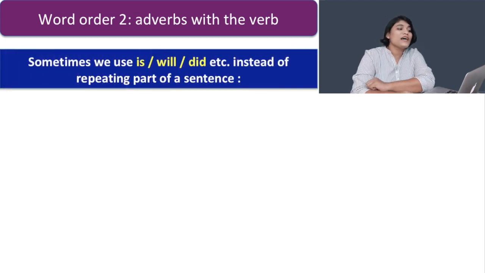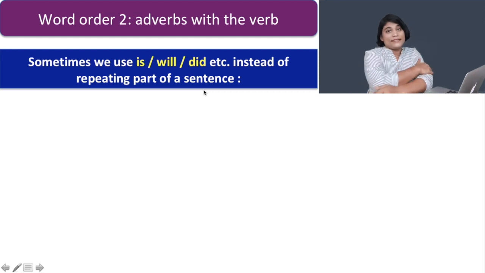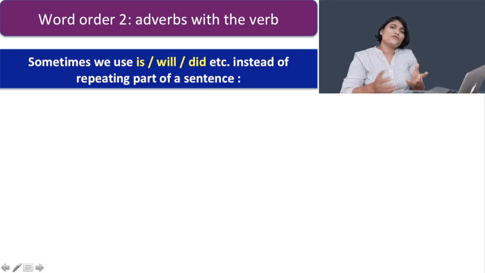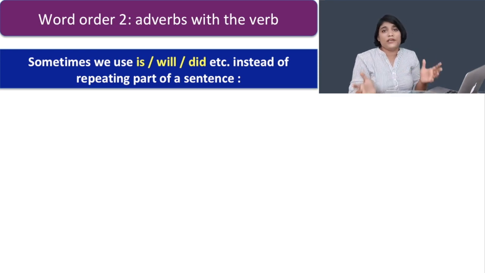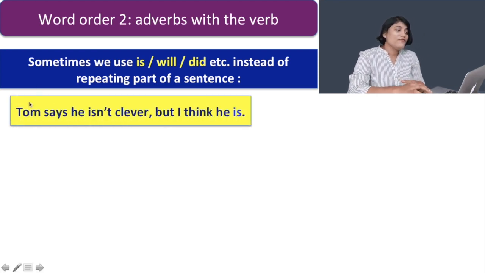Now sometimes we use is, will, did, etc. instead of repeating part of a sentence. Without repeating the major part of the sentence, we use the verb, sometimes is, will, did, etc. So here: Tom says he isn't clever, but I think he is.